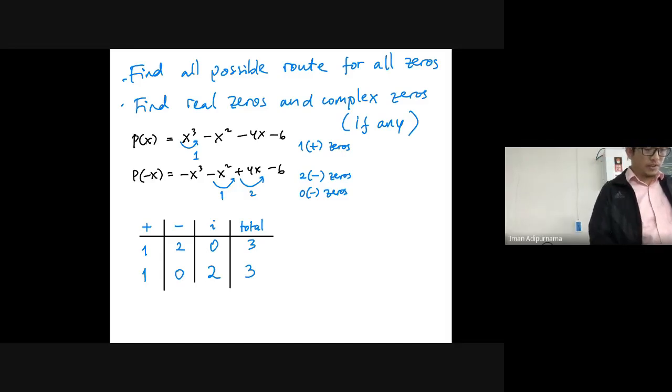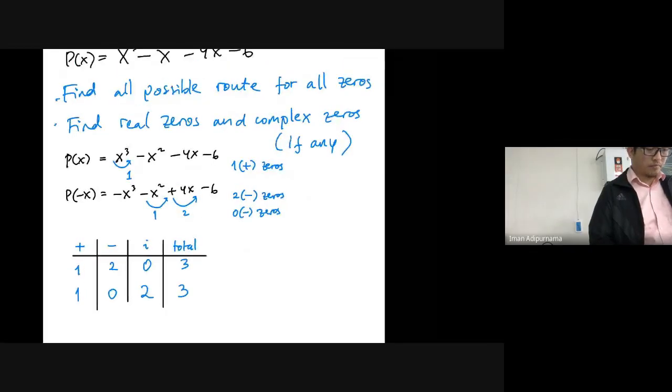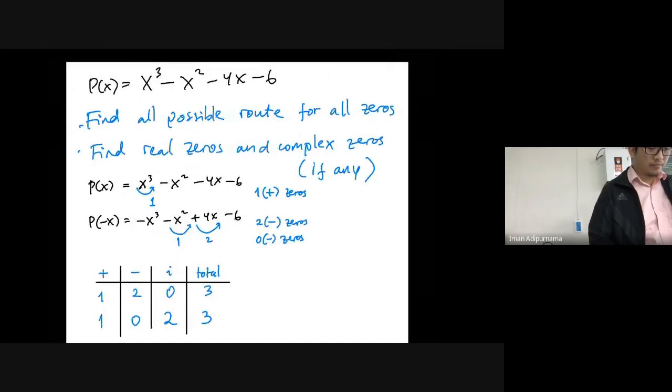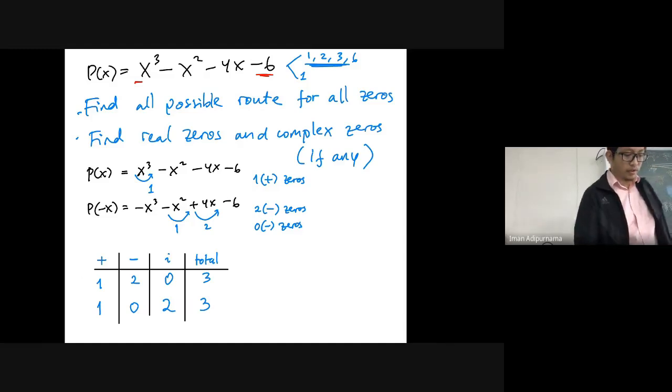So we can check the positive zeros from our p over q integers. From here, the constant is negative 6 and the leading coefficient is 1. The factors of 6 are 1, 2, 3, and 6, right? The factor of 1 is only 1. So we only care about these 4 numbers, and we can check the positive ones.